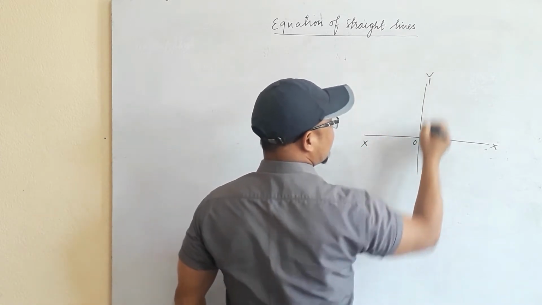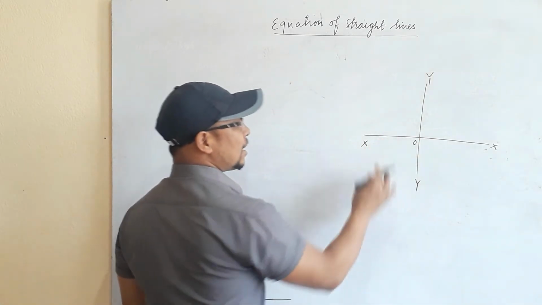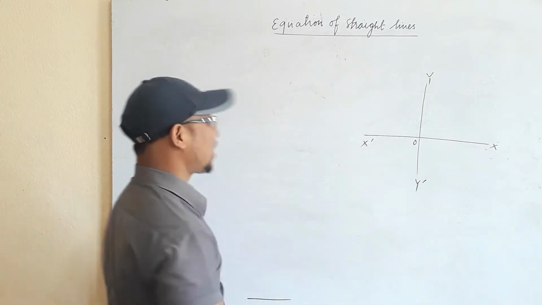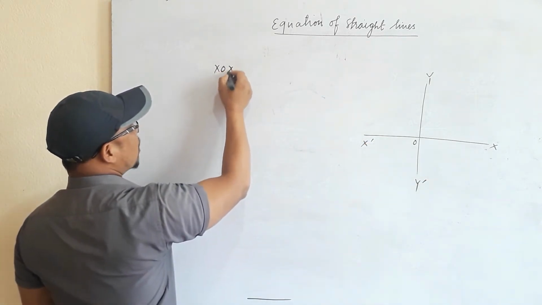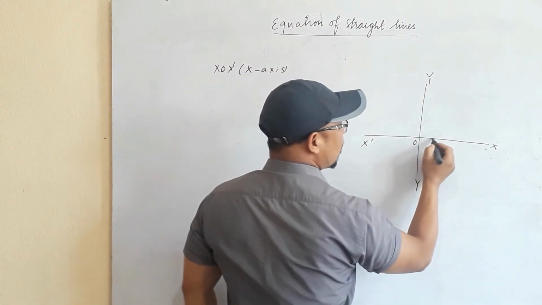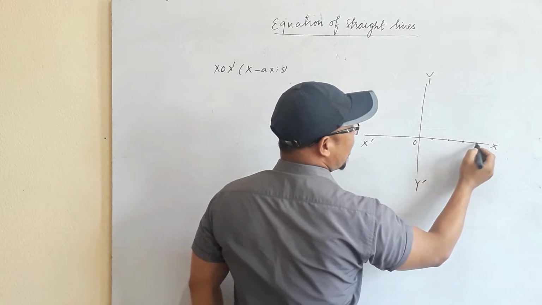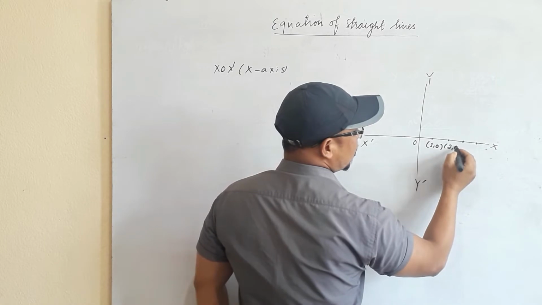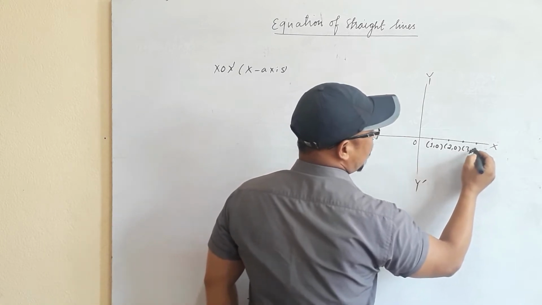In equation of straight lines, this is a coordinate axis, and in the coordinate axis, this x or x prime is the x-axis. Now you see this, what is the coordinate of y at the x-axis? This is (1, 0), this is (2, 0), this is (3, 0), and so on.